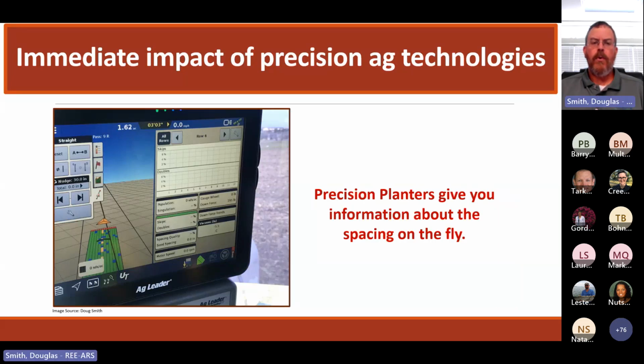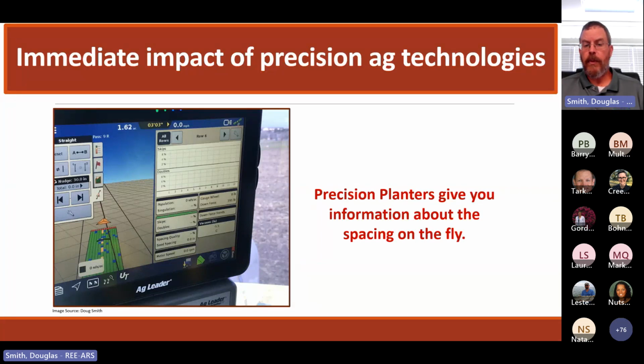Where I know precision planting technologies have been adopted, almost every producer that I know that has done this, they get maps such as this. So the green line you can see there is where you have good singulation. There are some blue dots you can see interrupting those green lines, which is where you get doubles.